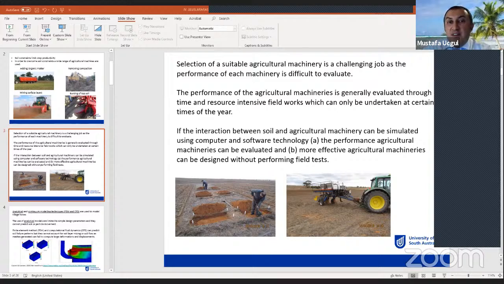If we can simulate the interaction between soil and agricultural machinery, then it helps us to design better machineries, and also to evaluate the performance of our machinery without performing these time-consuming and expensive field tests.